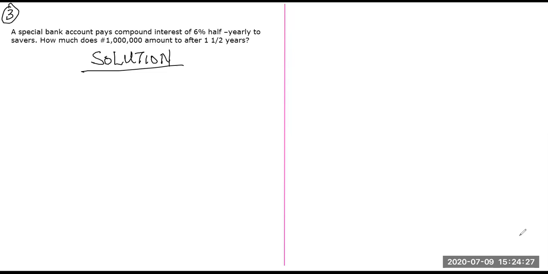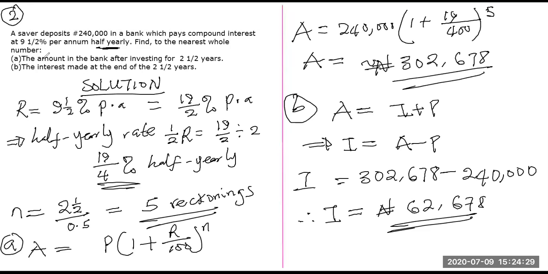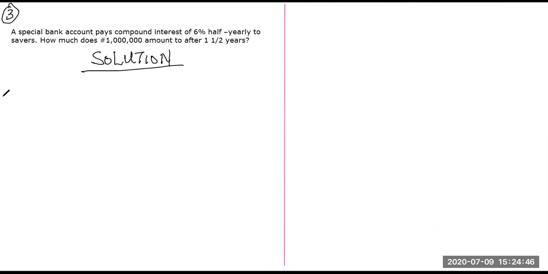Unlike the other question, where it was supposed to be every year per annum, but they changed it so that the interest is created every half a year. That's why I had to convert that rate to a half-year rate. Those are the differences between the two questions. So now our rate is already in half a year. Our rate is 6% half yearly.